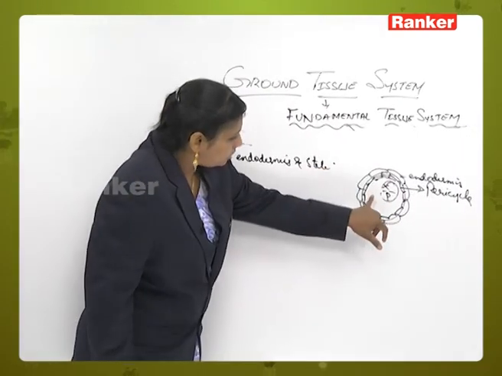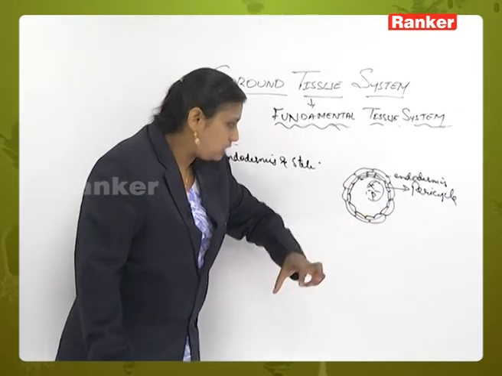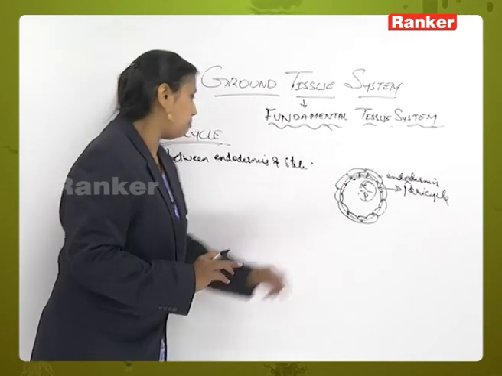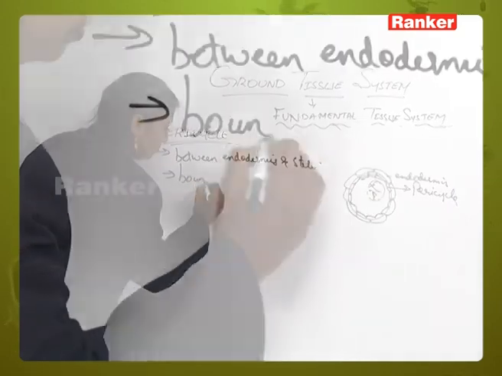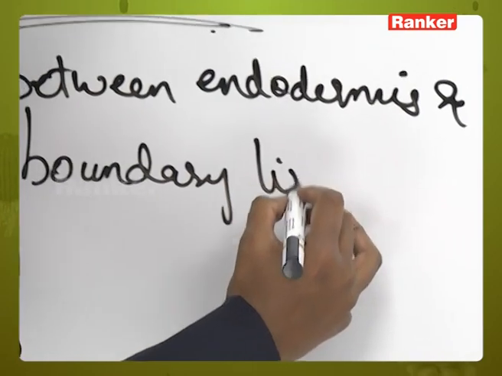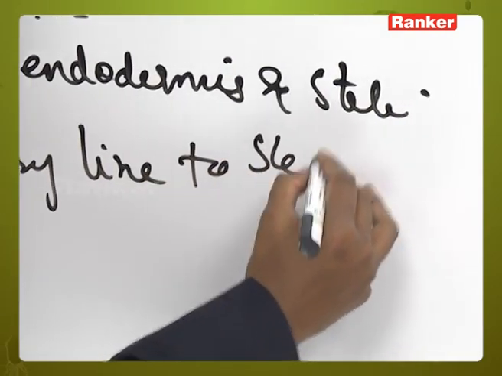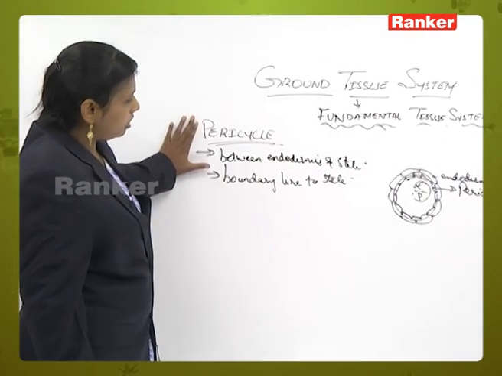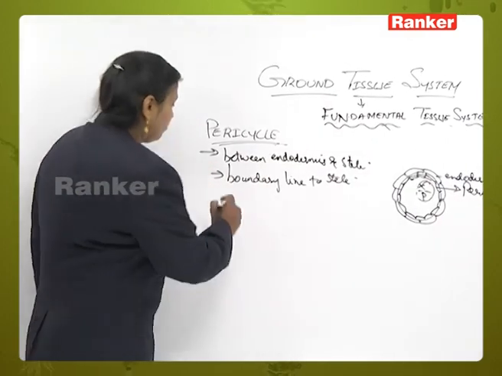It acts as a boundary to the stellar region; it protects the stele from the endodermis and the cortex tissue outside. So, it can be called the boundary line to the stellar part, or stele.